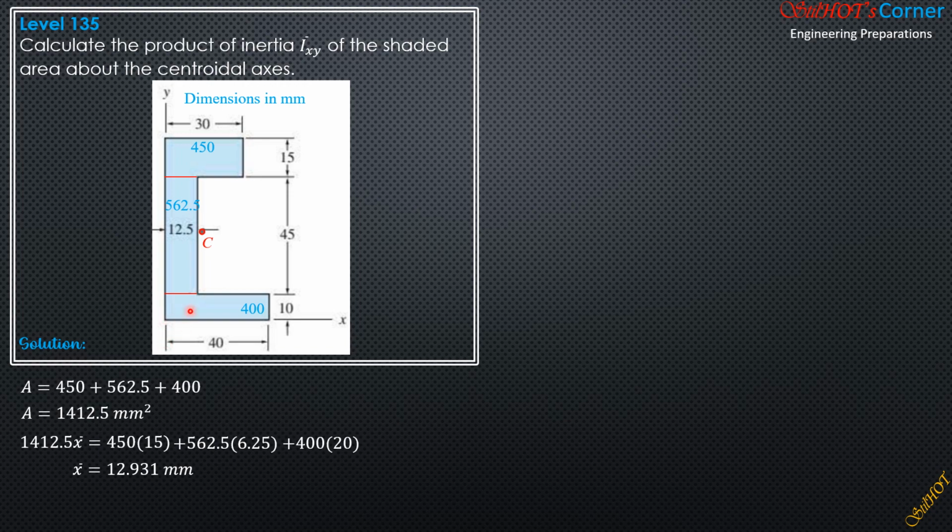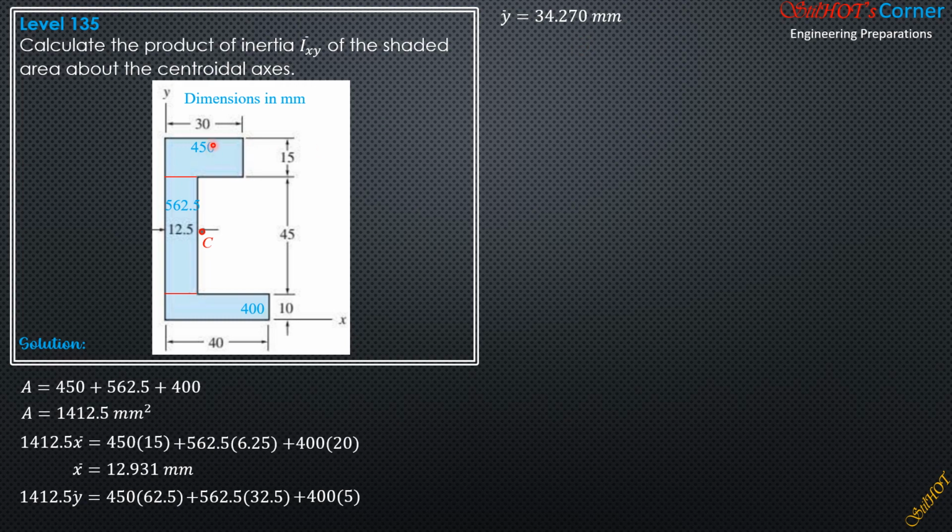For bar y, 1412.5 bar y equals 450 times 62.5. Again, 62.5 is 10 plus 45 plus 15 over 2. Plus 562.5 times 10 plus half of 45, 22.5, so 32.5, then plus 400 times 5. So bar y is equal to 34.270 mm.